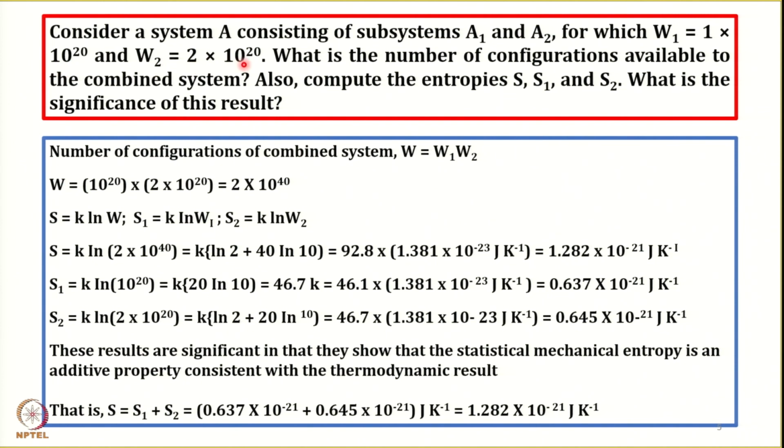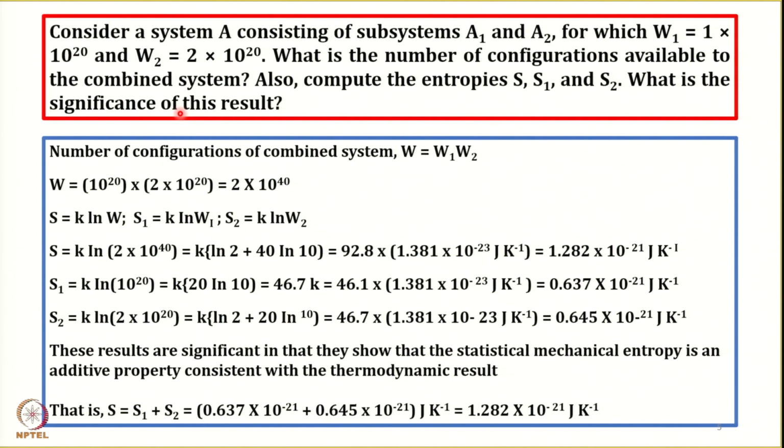The question that is asked is, what is the number of configurations available to the combined system? Also compute the entropies S, S1 and S2. What is the significance of these results?